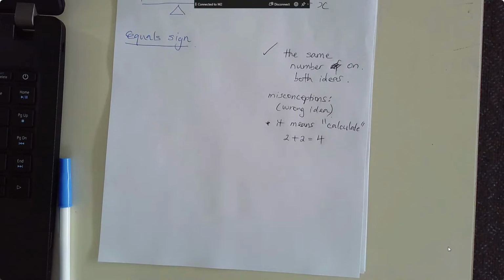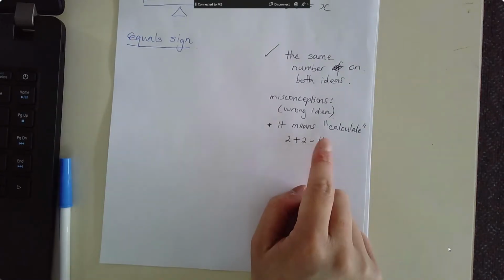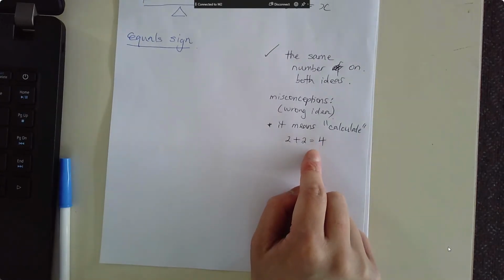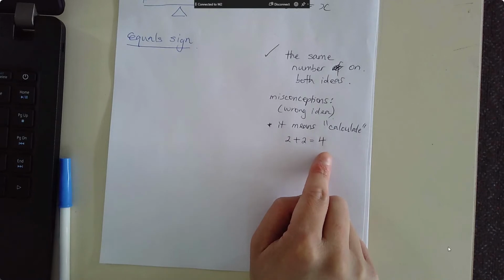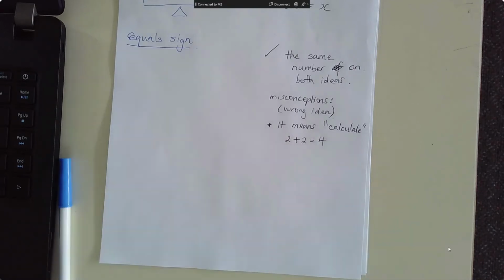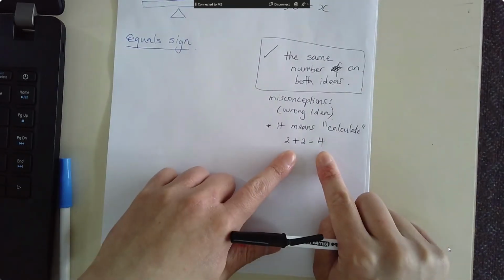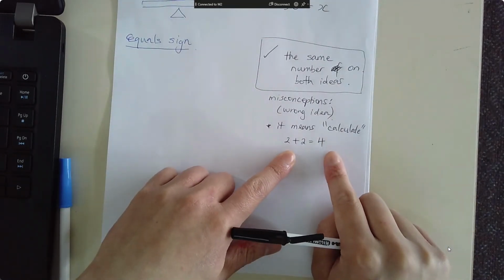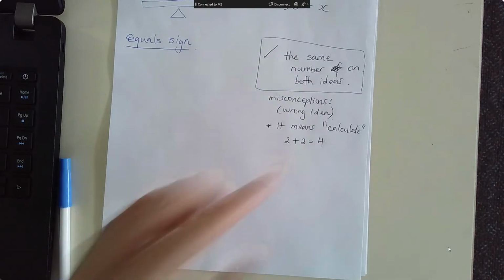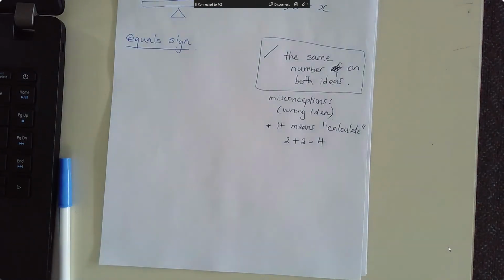So some people think the equal sign means calculates. Now we have done a calculation here, but the real meaning of the equal sign is that it's the same number on both sides. The reason why these two numbers are equal is because 2 plus 2, whatever that is, and 4, they have the same value.